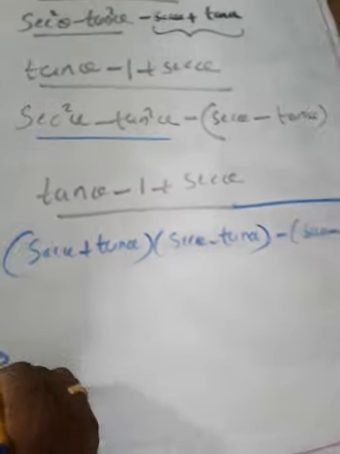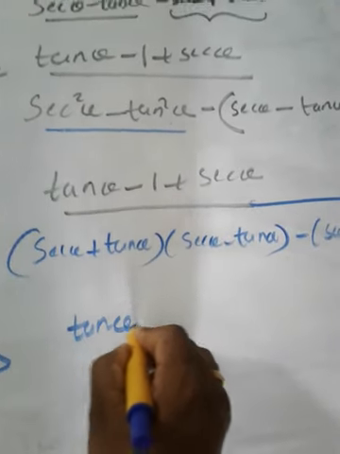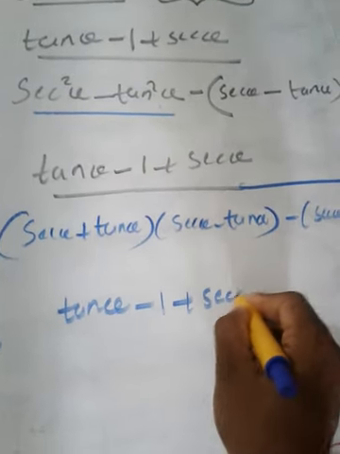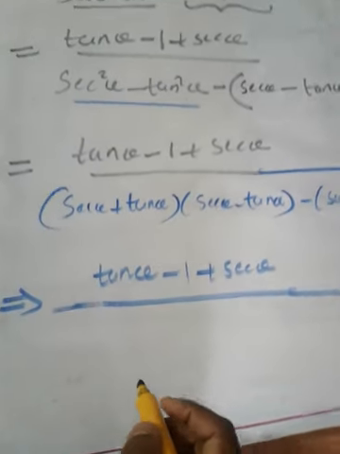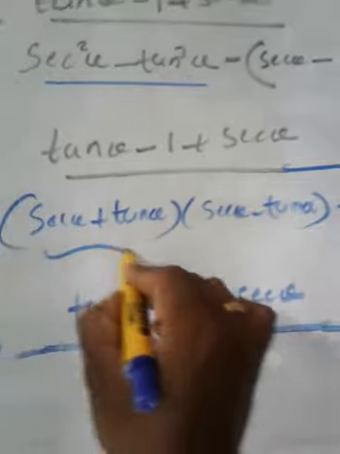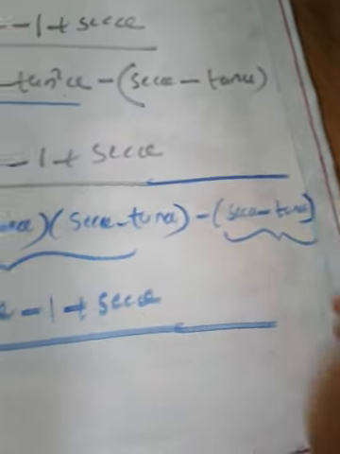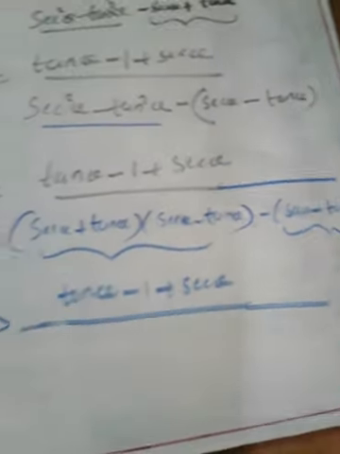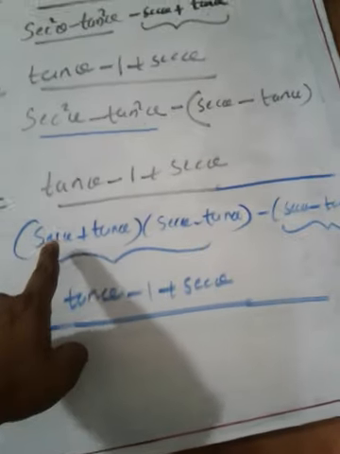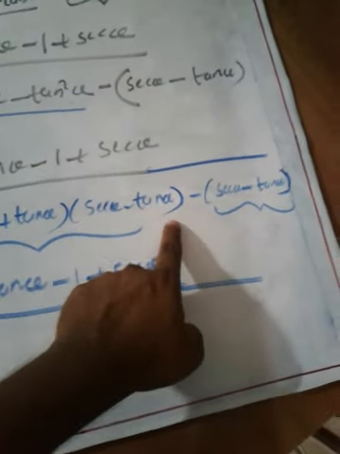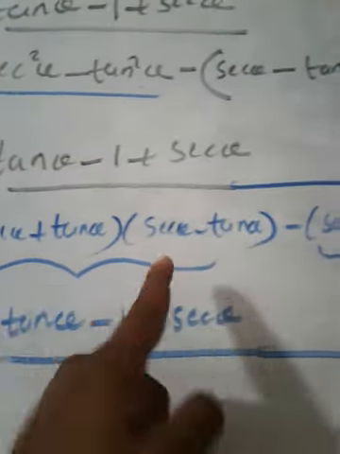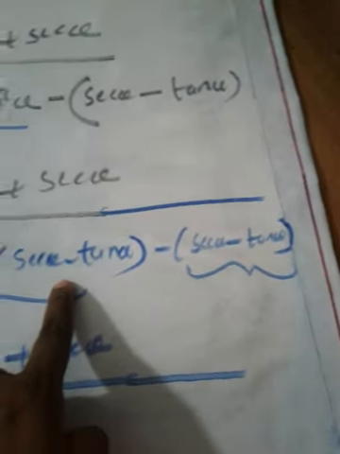And then the very next step, numerator as it is, tan theta minus 1 plus sec theta, divided by all. Now we just see, this is your first term, this is your second term. From both terms, what is common? First term is sec theta plus tan theta into sec theta minus tan theta. Second term is sec theta minus tan theta. From both the terms sec theta minus tan theta is common, no?